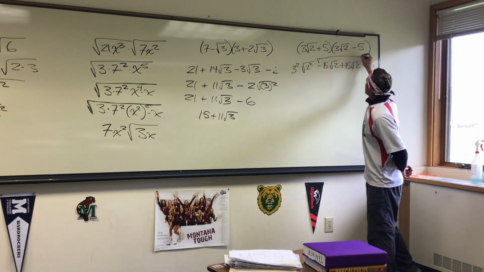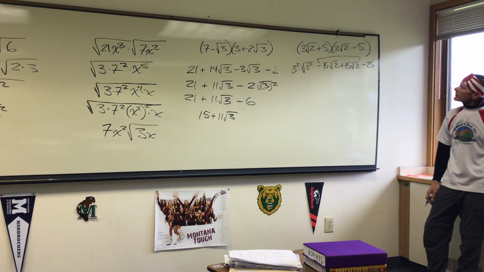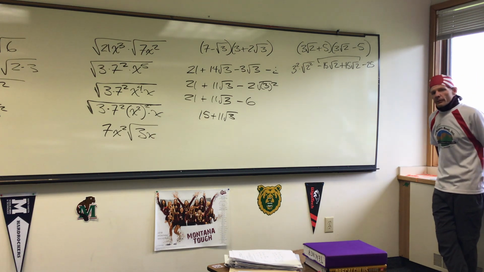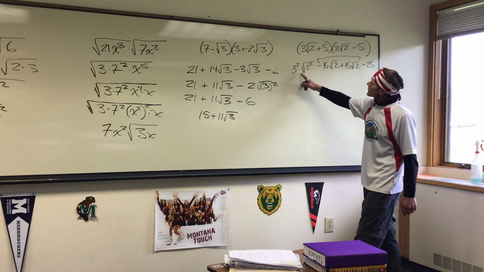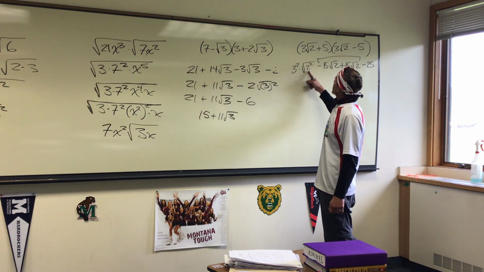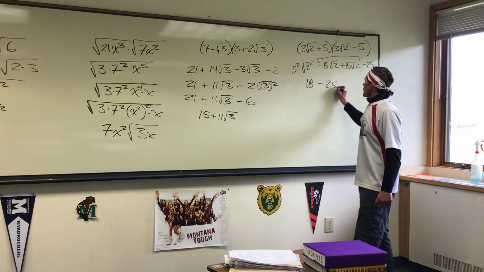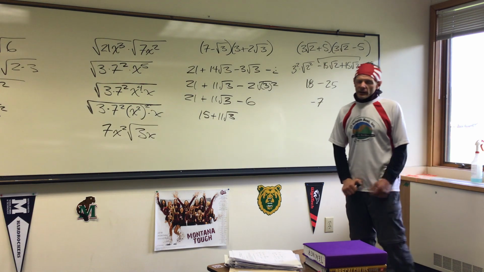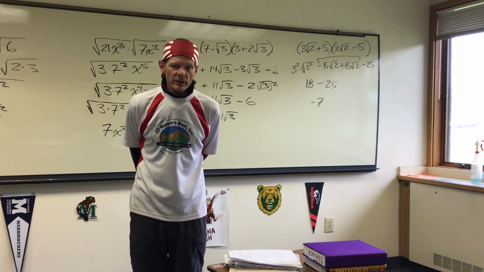So you can see that the outer and the inners cancel each other out just like they did in the complex numbers where our imaginary parts cancel each other out and disappear. So 3 squared times the square root of 2 squared is 9 times 2, 18, minus 25, minus 7. Okay? So if you have a irrational number and you want to make it rational, multiply it by its conjugate.